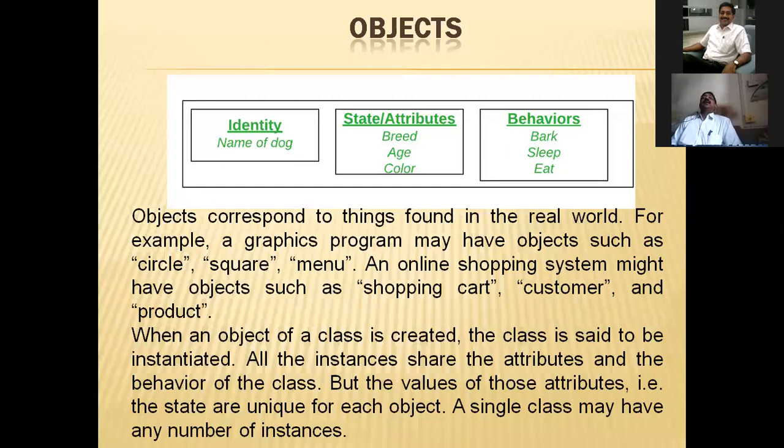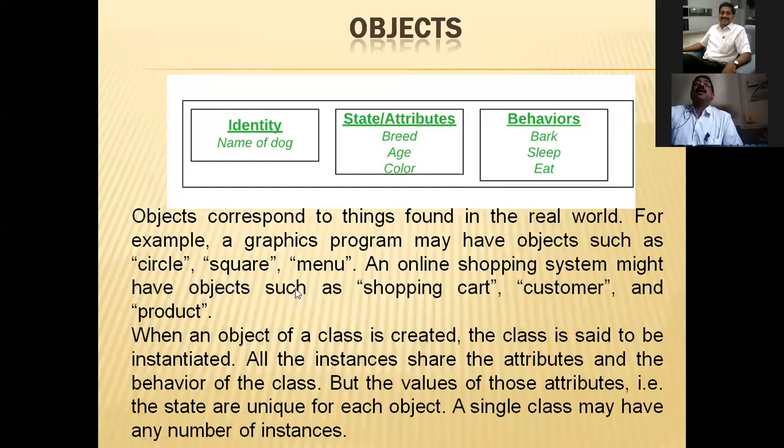So in real life, anything related to you, anything related to the world, anything existable on this earth, anything existable in this universe, anything which is exactly distinguishable from the others, those things are actually found in the real world. For example, in object oriented programming, a graphics program may have objects such as circle, square, menu.